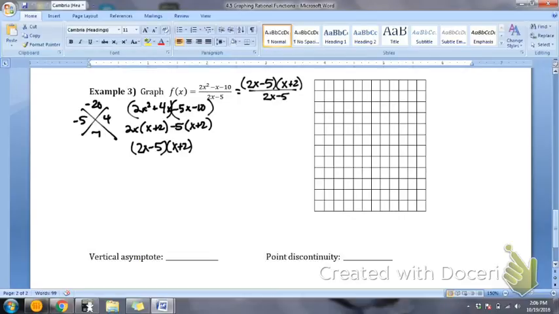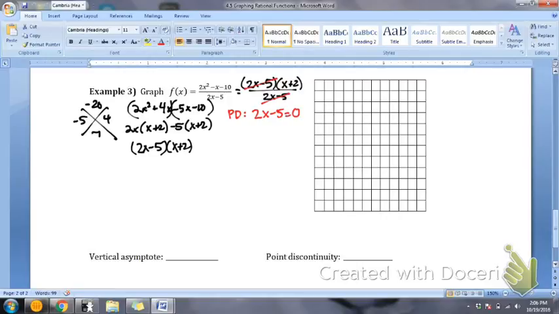Okay, so when we get finished factoring, I should have 2x minus 5 times x plus 2, all over 2x minus 5. Do I have a point of discontinuity, Brianna? Point of discontinuity, remember, is what they have in common, right? So they have a 2x minus 5 in common. So my point of discontinuity, I'm going to get by doing 2x minus 5 equal to 0.